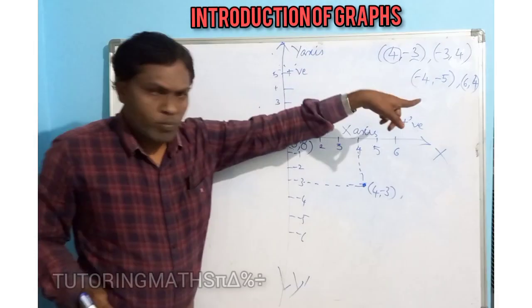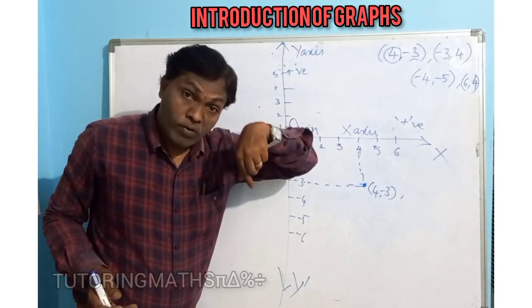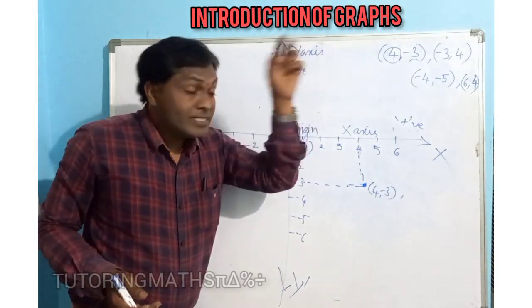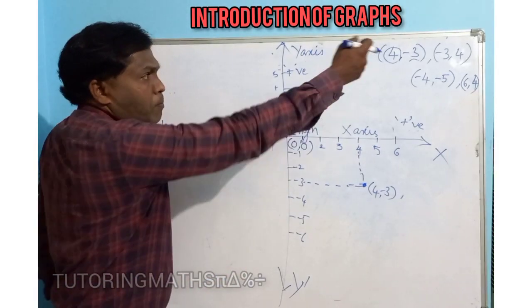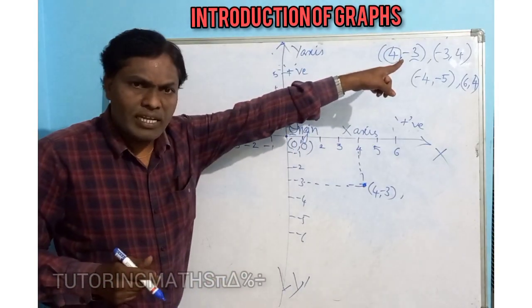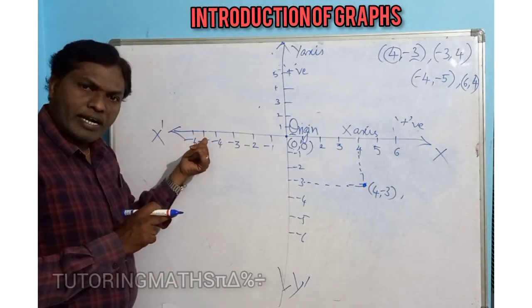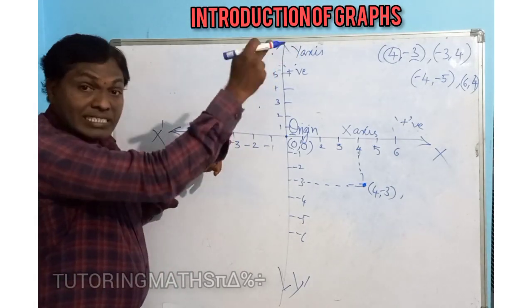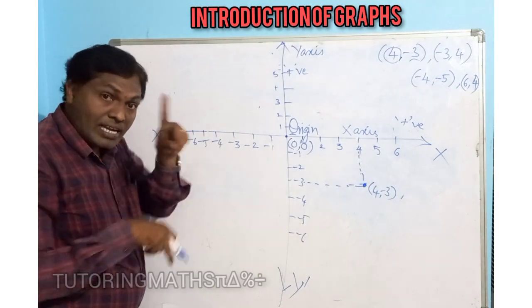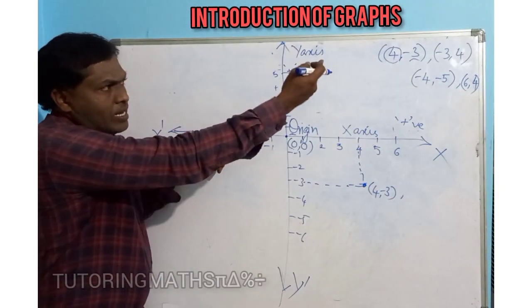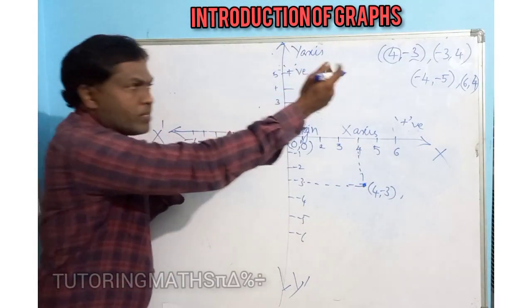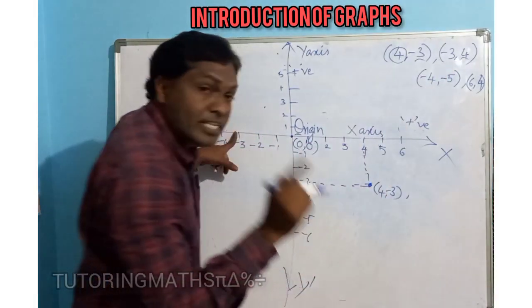Let me take one more problem: minus 3 comma 4. How do we plot minus 3 comma 4? Where do we get minus 3? The first coordinate is the x coordinate, and it is negative. Negative x coordinate, left side. Go to minus 3 with the left finger. Next, 4. The y coordinate is 4.